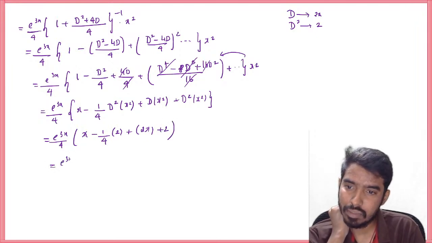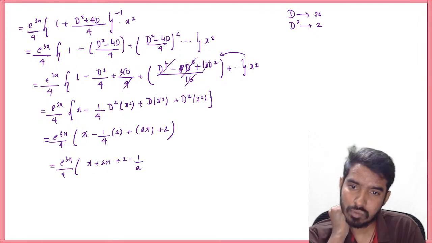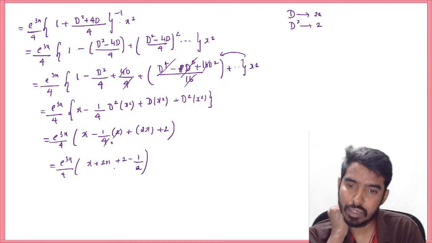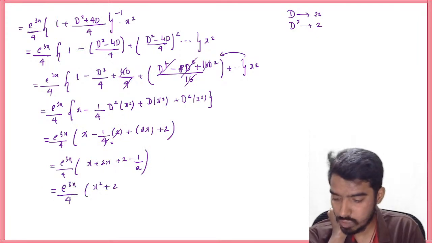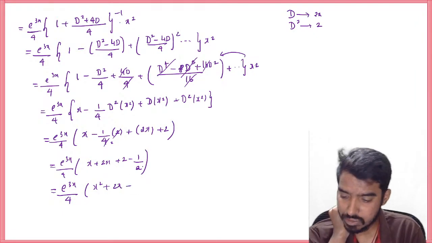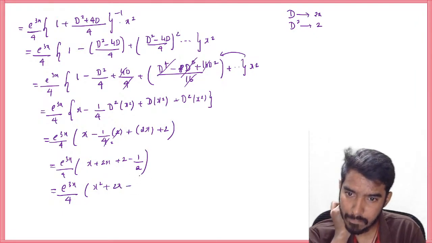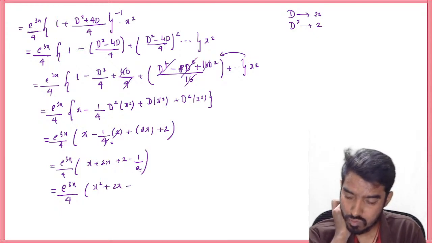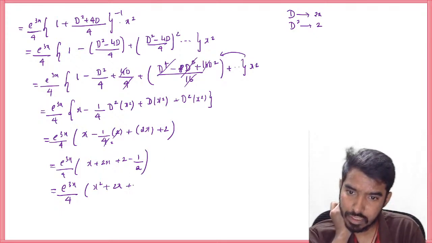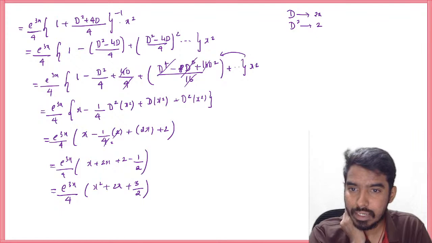So we have e power 3x by 4, so this will be x square plus 2x plus 2 minus 1 by 2, right? x square plus 2x, 4 minus 1 is 3 by 2. This is your required particular integral, right?